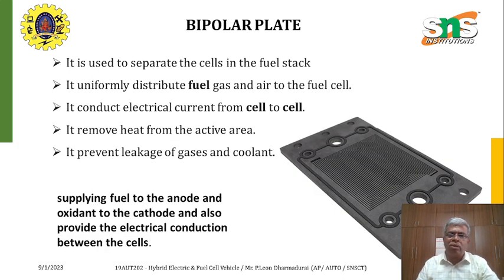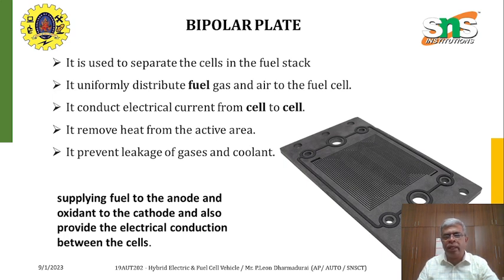And coming to the next one, the bipolar plate. It is used to separate the fuel cells in the fuel cell stack and also to distribute the fuel gas, which depends upon the fuel cell. Generally hydrogen is used as the fuel.